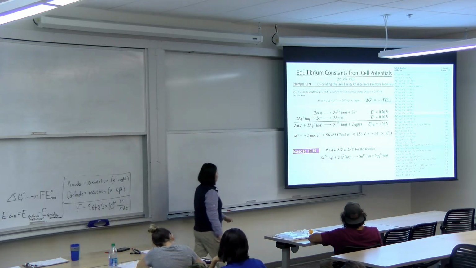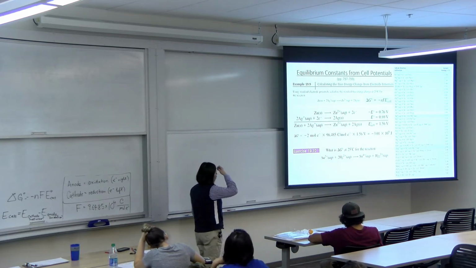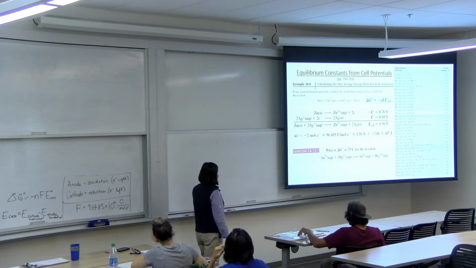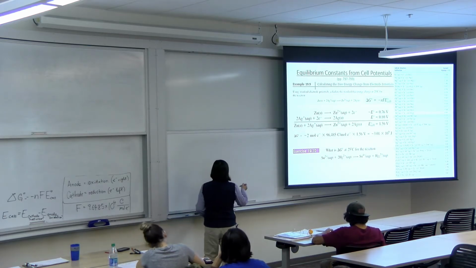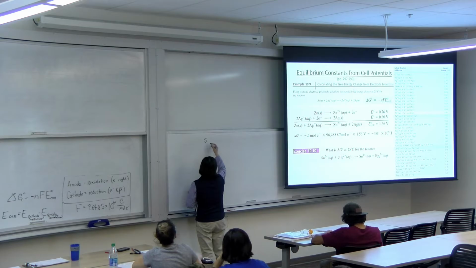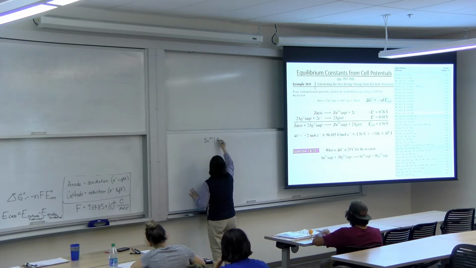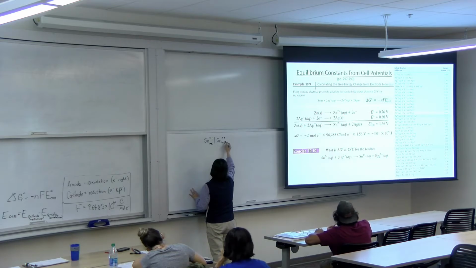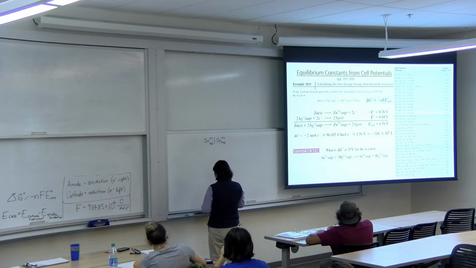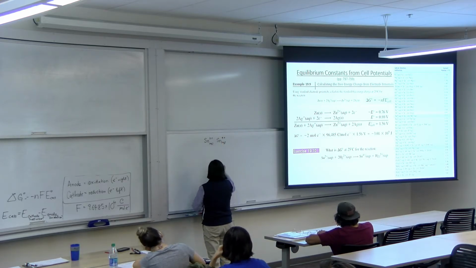Okay? Let's look at exercise 19.10. Let's do it together. Again, we are solving for delta G. I would say the first thing you should do is identify what is your anode, what is your cathode. So you're going from tin 2 plus to tin 4 plus. You guys see how I pull that out? And since it's aqueous to aqueous, I should not use the line, I should use the comma.